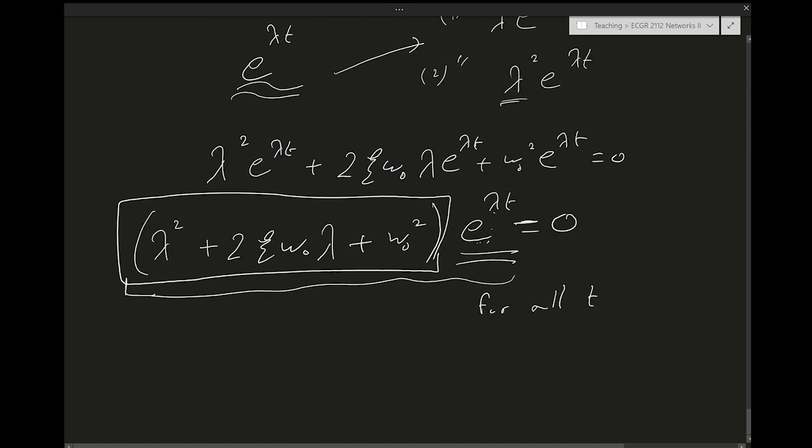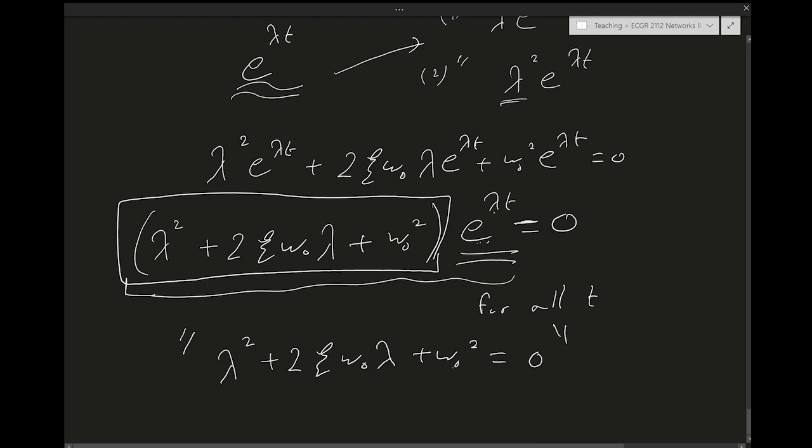So the lambda in e to the lambda t is only the lambda that solves the characteristic equation, lambda squared plus 2 zeta omega naught lambda plus omega naught squared equals 0. Solve the characteristic equation and you solve the differential equation.